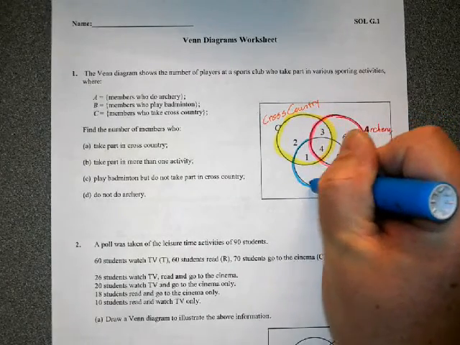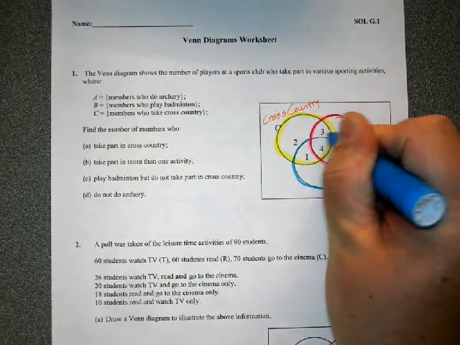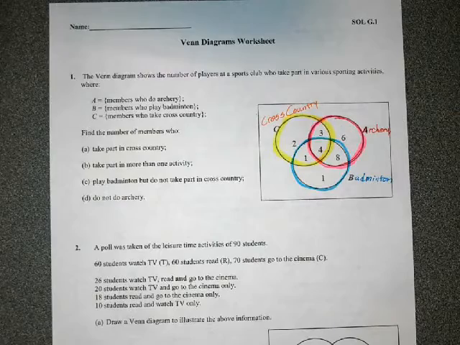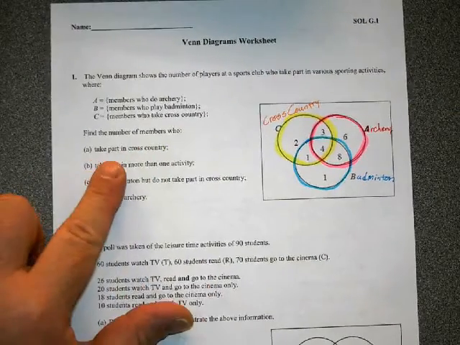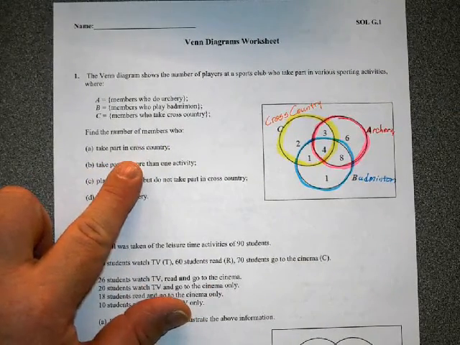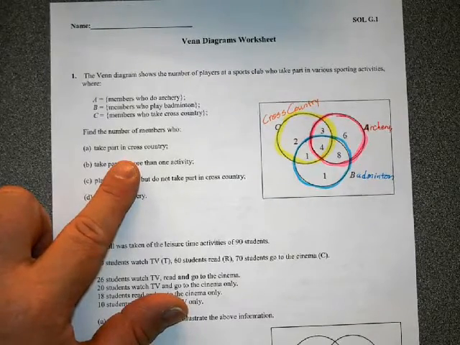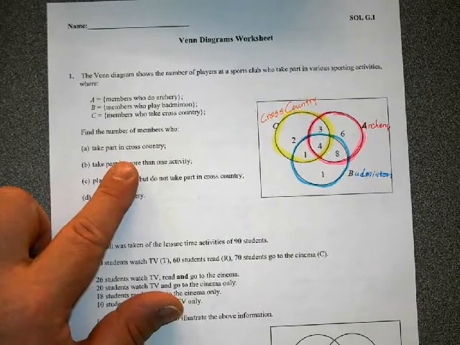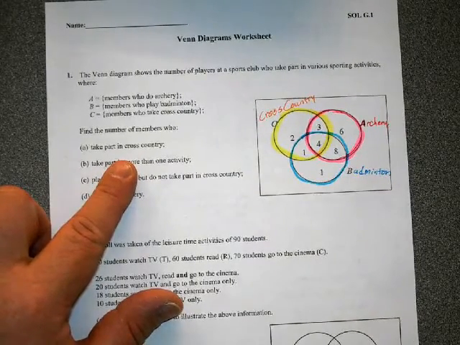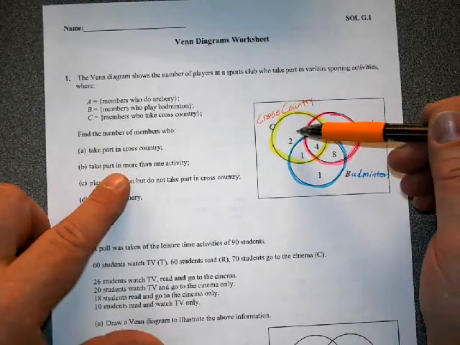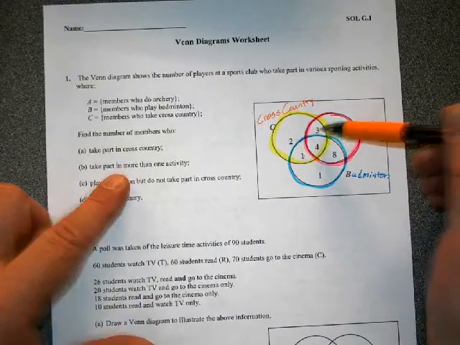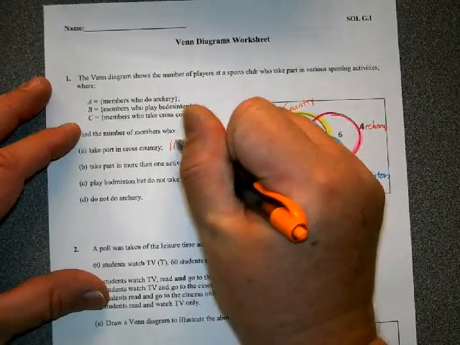Okay. Find the number of members who take part in cross country. How many members take part in cross country, people? 2, 3, 7, and 10. Okay, there you go.